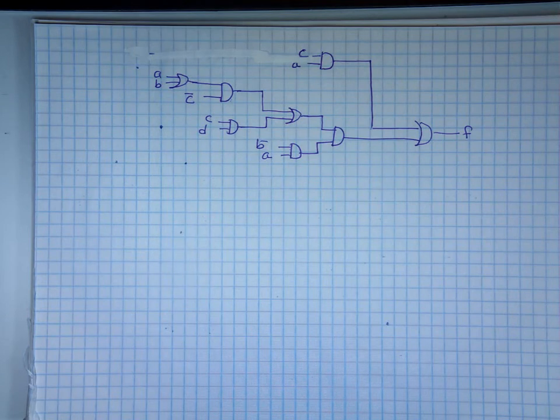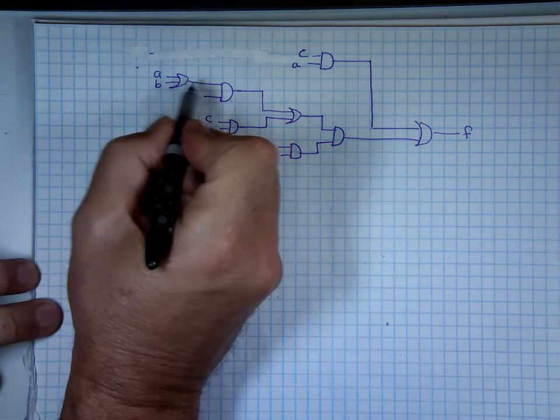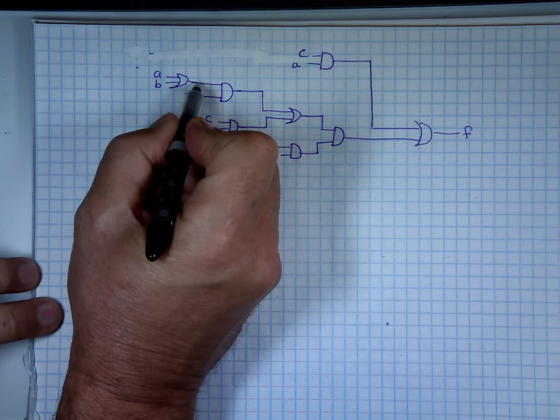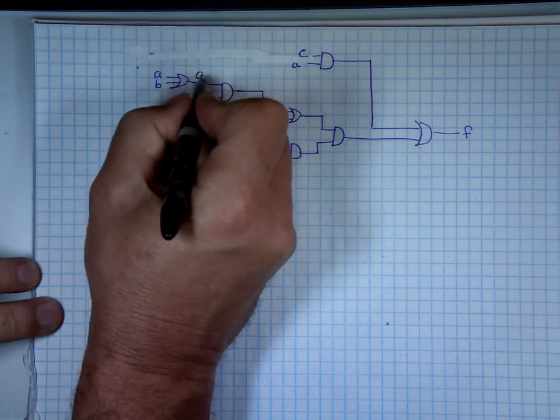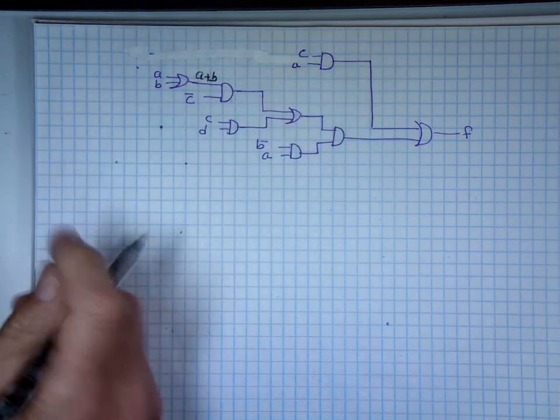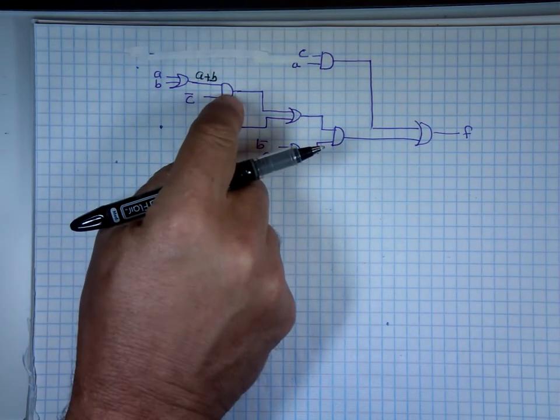Now, if you want to find the expression for that, and we can come up with a truth table for it, what is the answer right here? AB. Try again. That's an OR. A plus B. Yep, A plus B. That's an OR gate, in case you can't read it. This is an AND between this and this, so that'll be what?